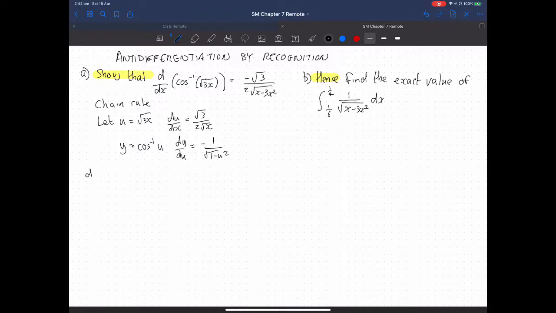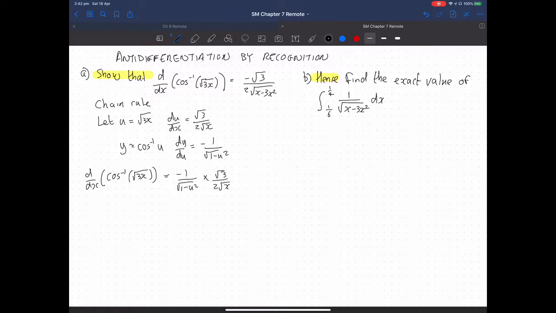That means the derivative of inverse cosine of the square root of 3x would be equal to dy/du, -1 on the square root of 1 minus u squared, times du/dx, which is root 3 on 2 root x.